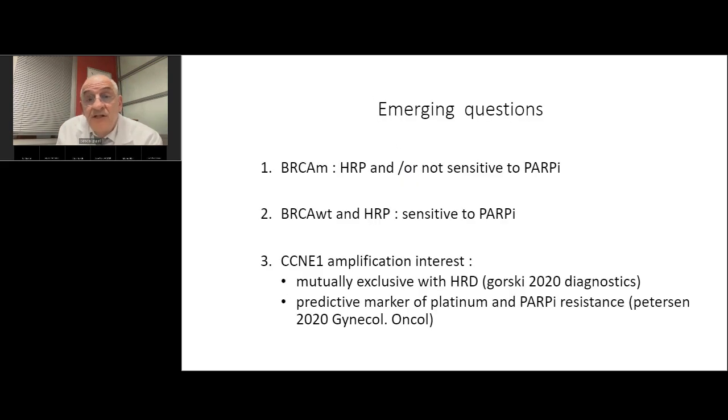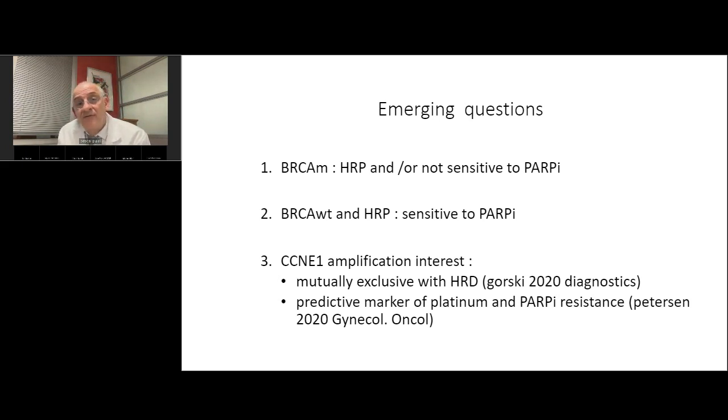There are emerging questions also to address. Sometimes you do have a BRCA mutation, but you have HRP. I mean, no deficiency of HR pathway, and probably no sensitivity to PARP inhibitors. We have to think about that. Also, we've got another point.